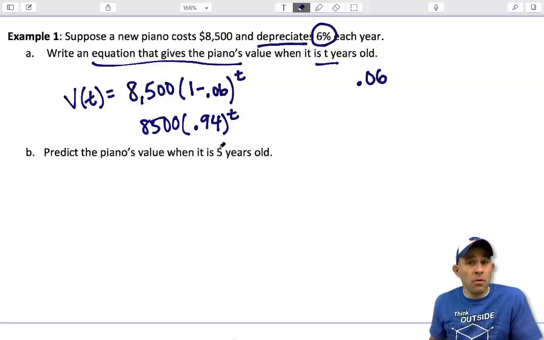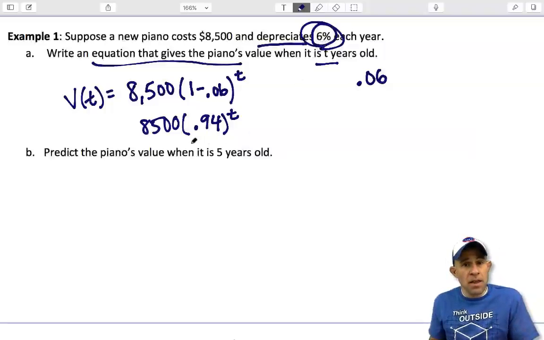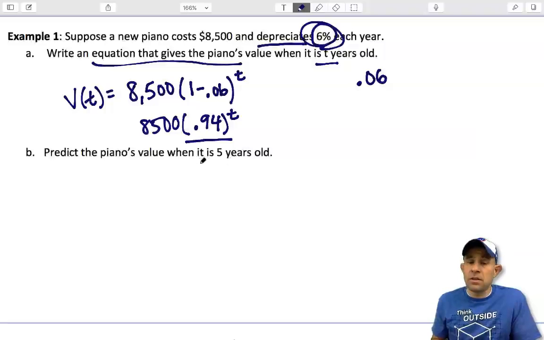Now again, this 0.94 represents 94%. So if it's losing 6% each year because it's depreciating, then it's retaining 94% of its original value. So you can see our growth ratio here is 0.94, which is less than 1, and this will give us the piano's value t years later.